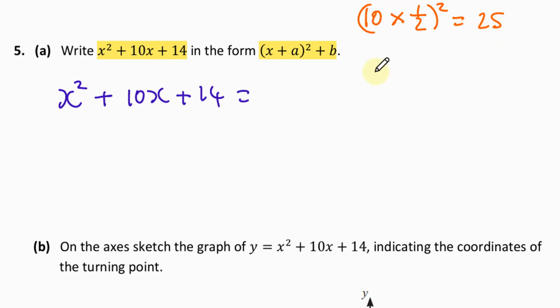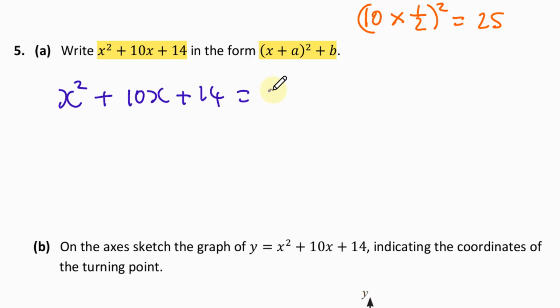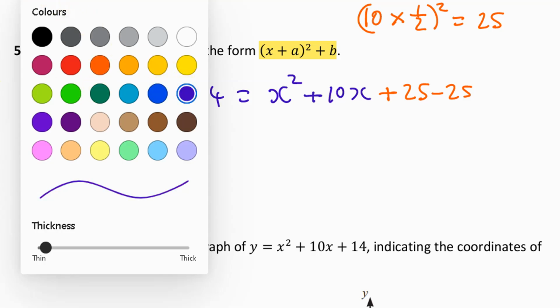The 25 we're going to add and subtract to the expression here. We first write down the first two terms, so x squared plus 10x, and now we add and subtract 25. And of course we still have the positive 14 here.